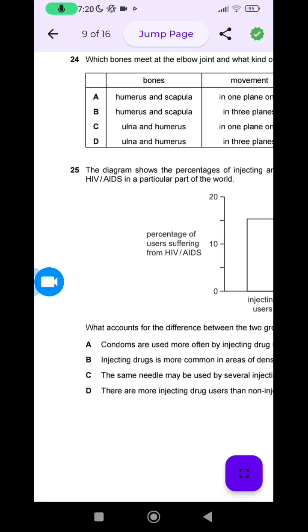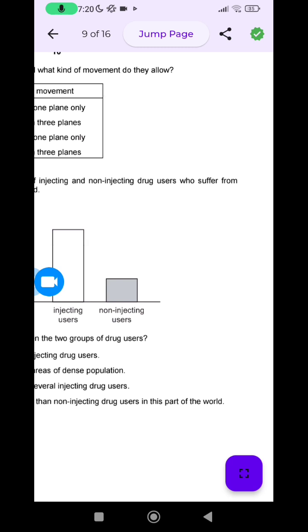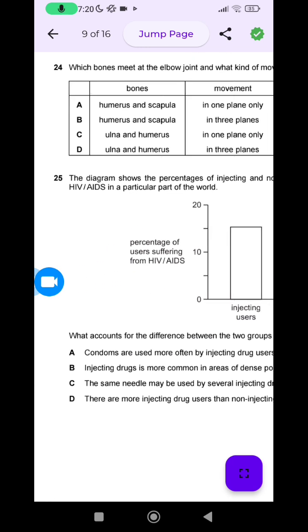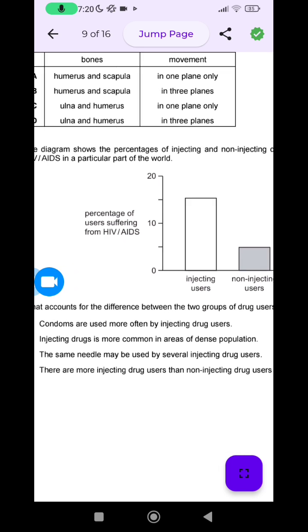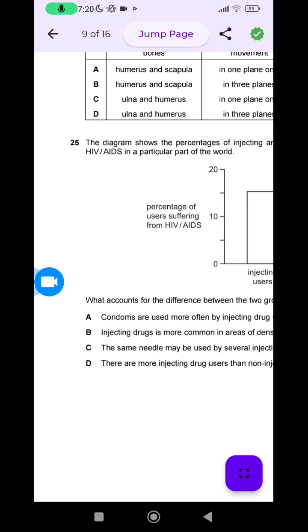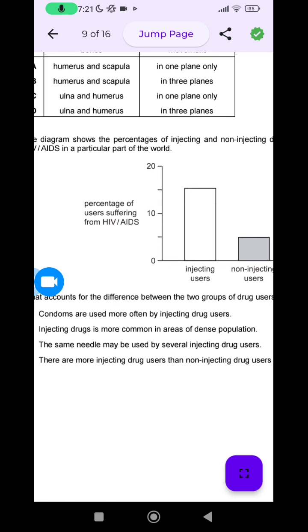25. The diagram shows the percentages of injecting and non-injecting drug users who suffer from HIV/AIDS in a particular part of the world. What accounts for the difference between the two groups of drug users? Alright, for 25. Condoms are used more often by the injecting drug users.